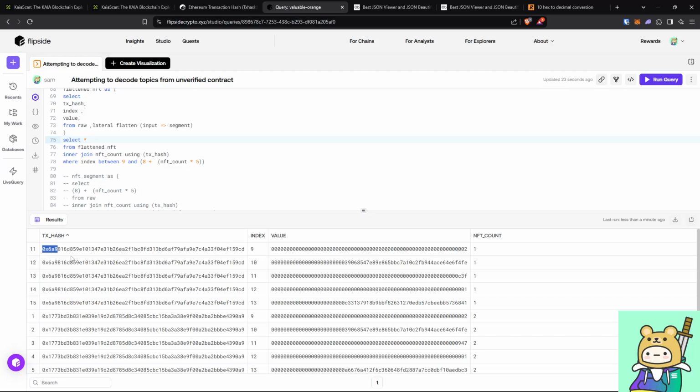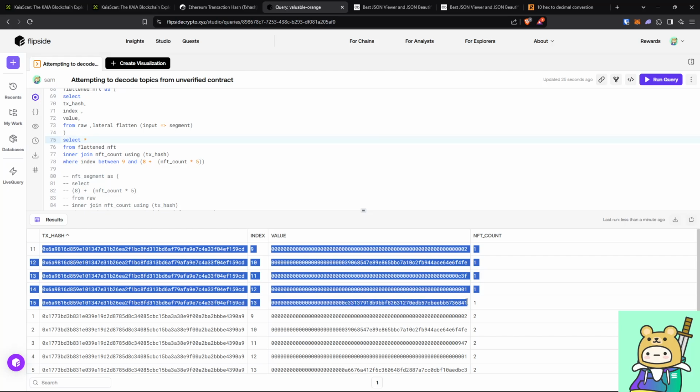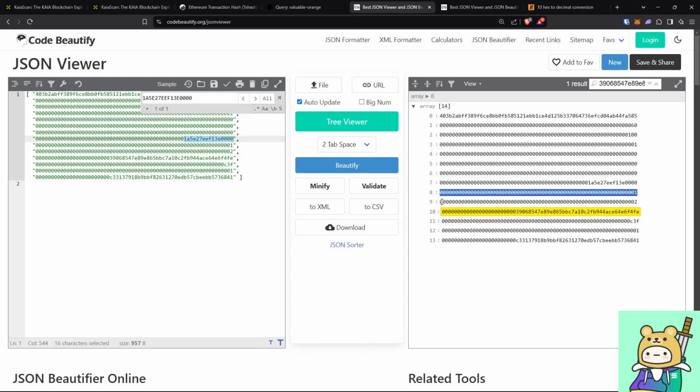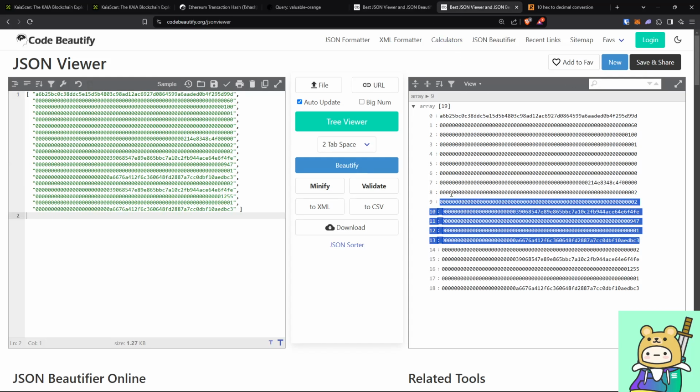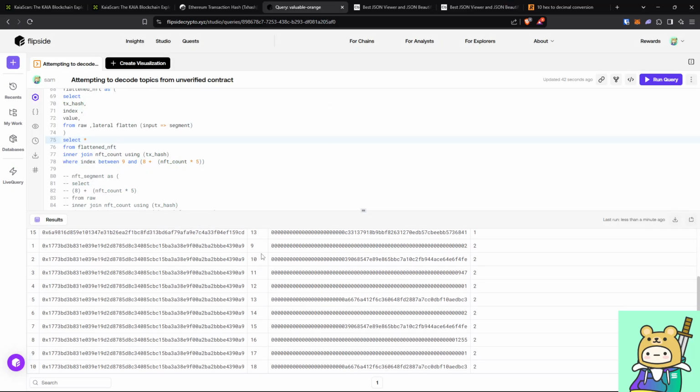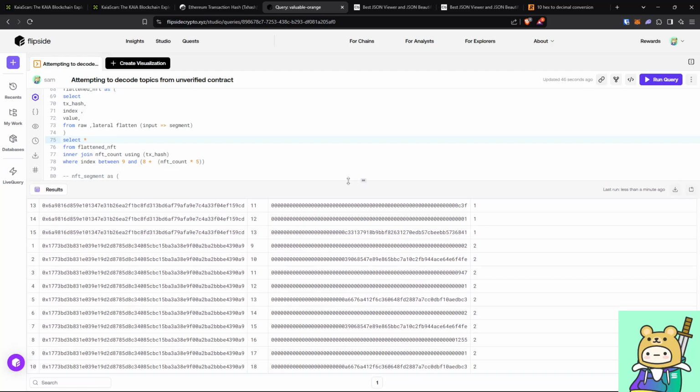So this is my first transaction where there are 5 rows. And yeah, I guess this is the way to do it, right? Because we now have index of 9 to 13, which is what we want. And then this one will be 9 to 13 and 14 to 18. Okay, awesome. We made it.